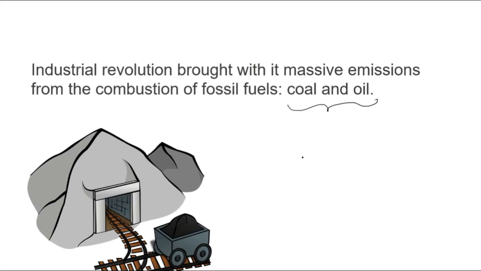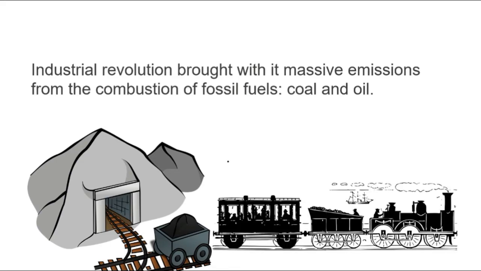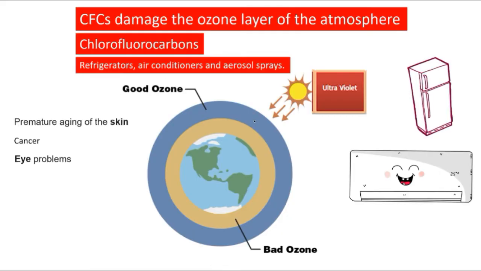Human dependency on coal and petroleum due to transport resulted in emission of carbon dioxide, sulfur dioxide and nitrogen oxide into the atmosphere. Moreover, chlorofluorocarbons, CFCs, damaged the protective layer, that is the ozone layer, and allowed harmful ultraviolet rays into the Earth's atmosphere, causing premature aging of skin, cancer and eye problems.